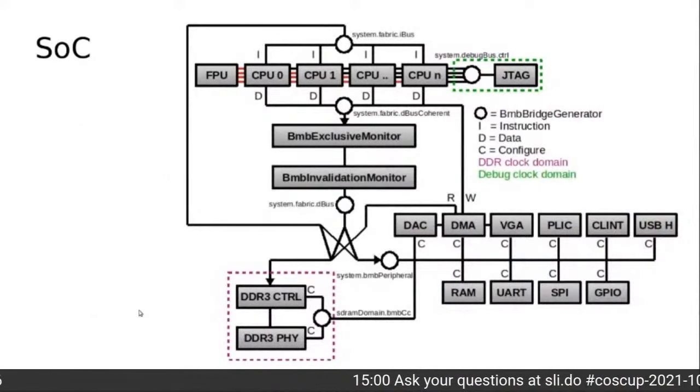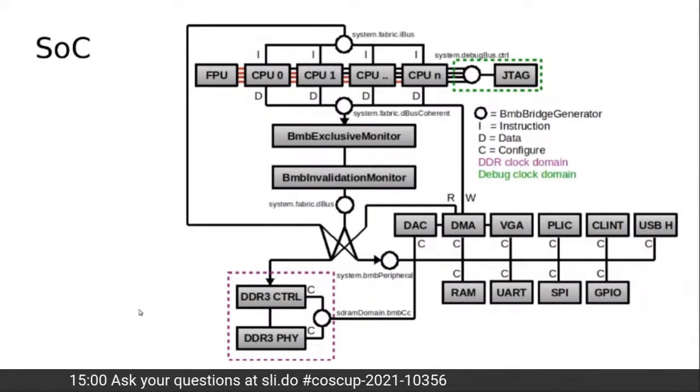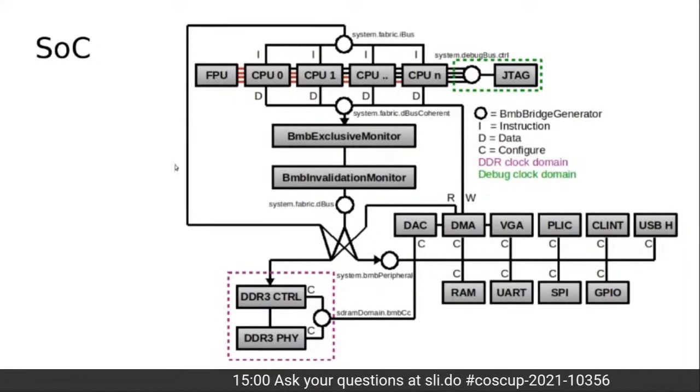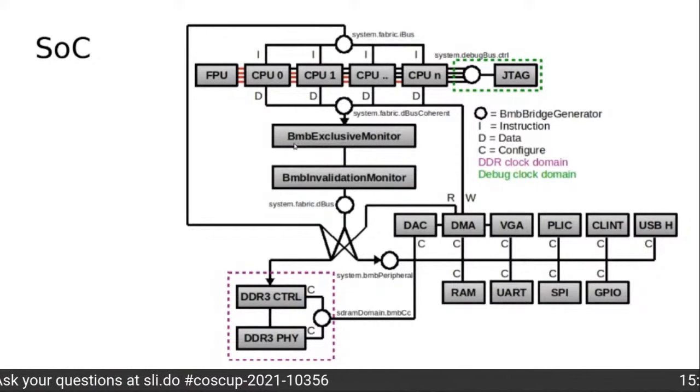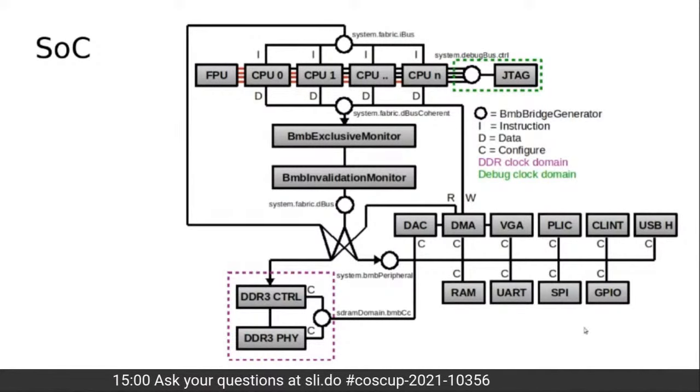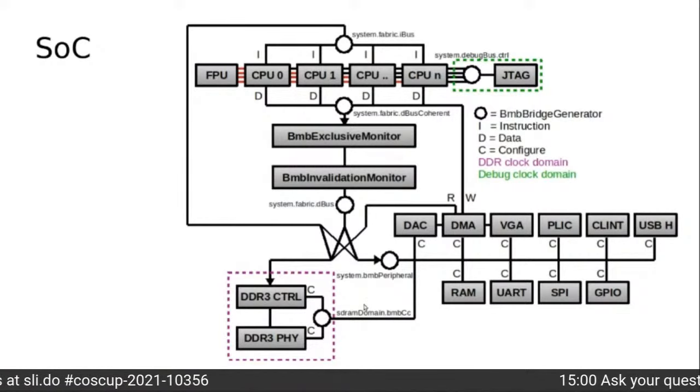Here is an overview of the structure of this SoC. It mostly focuses on the interconnect, like having a few CPUs with a shared FPU, JTAG to debug the SoC, the required logic to manage atomic, the required logic to handle memory coherency between the CPUs and the DMA, the peripherals, the DDR3, calibration pass, all those things.